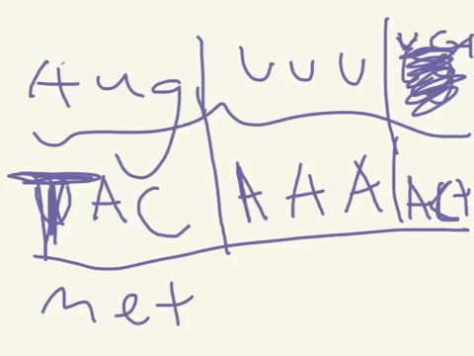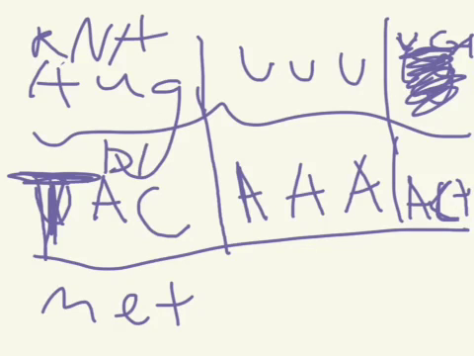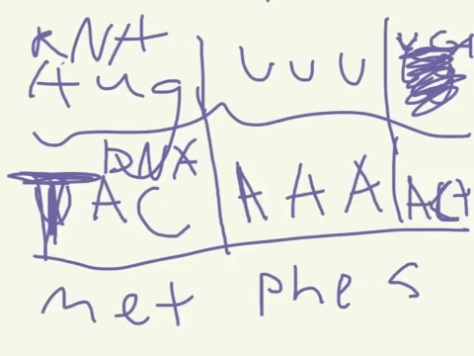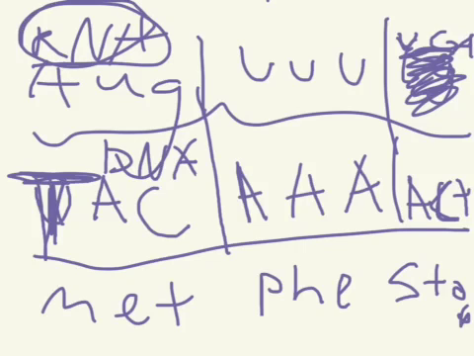And if this is the RNA, and this is the DNA, you usually read MET, then it would be FE, then it would be stop, because you always read from the RNA. Sorry.